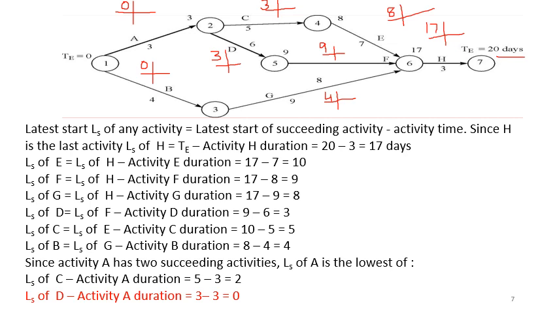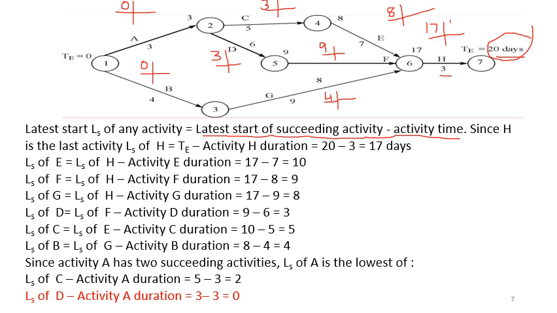17 plus 3, you have got an expected time of 20. So when you calculate the latest start, the latest start of any activity is given by the latest start of the succeeding activity minus the activity time. So for the last activity H, since it doesn't have any succeeding activity, what you are doing is this 20 minus this 3, so that will be 17.